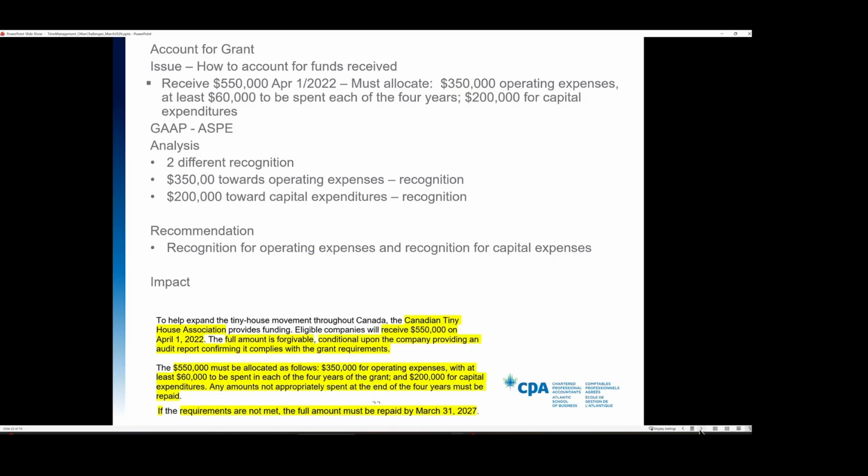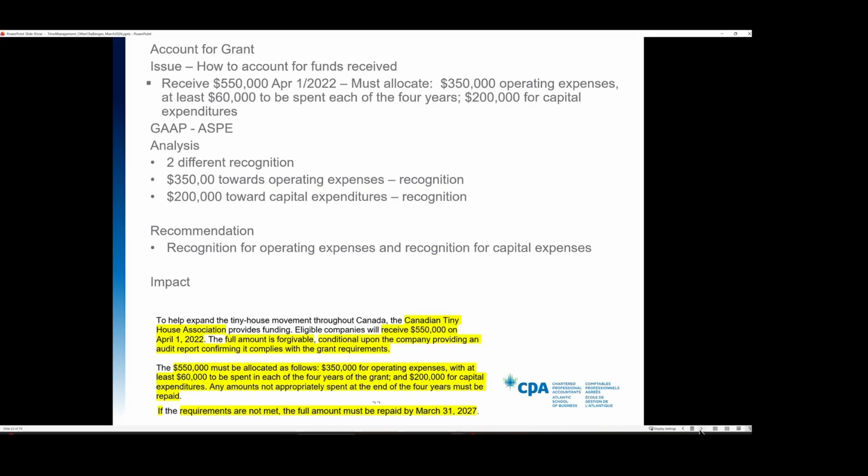So we know how much money that they've received, but what's interesting is that there are stipulations. So there's 350,000 for operating expenses, of which 60,000 must be spent each year for the 4 years, and there's 200,000 for the capital expenditures.